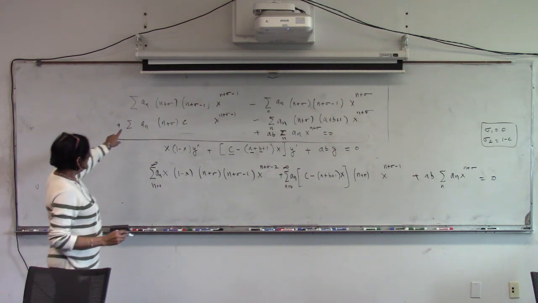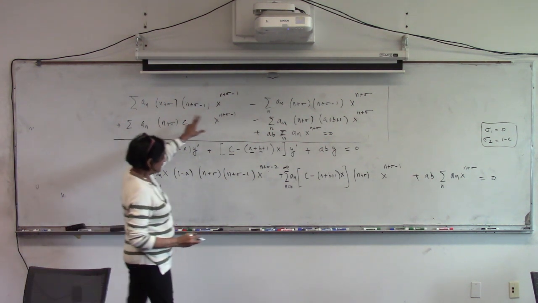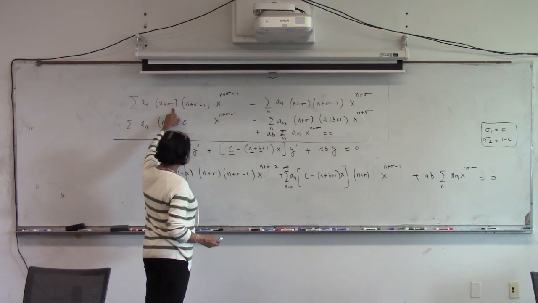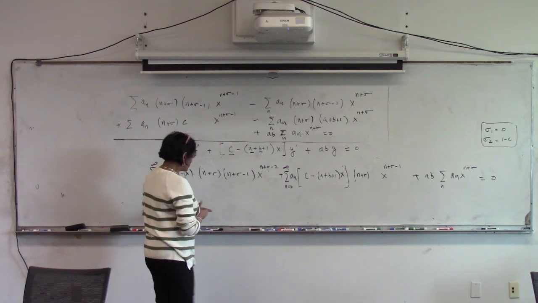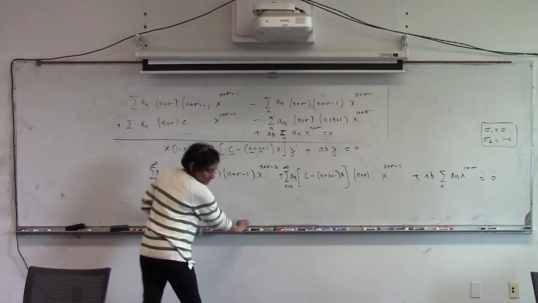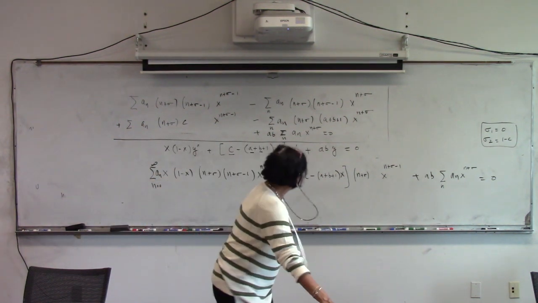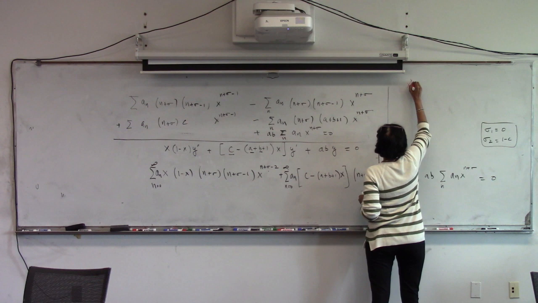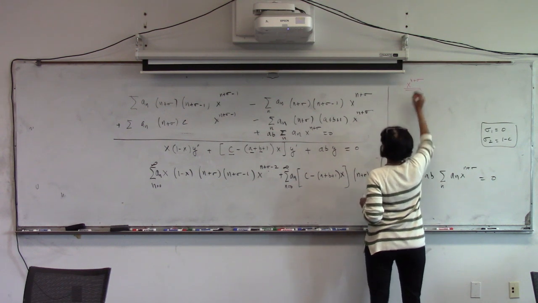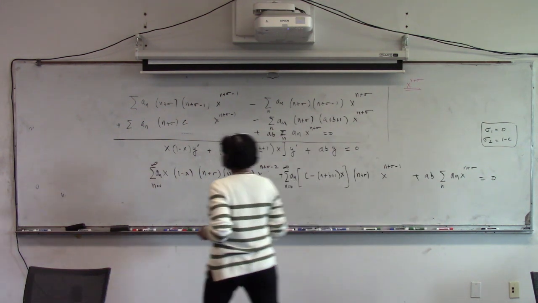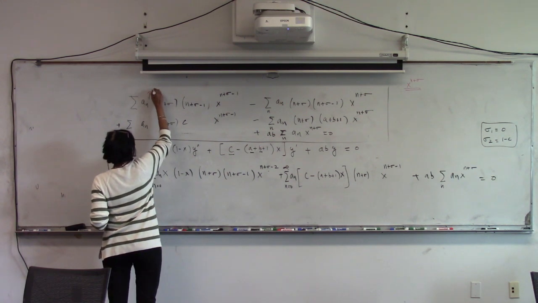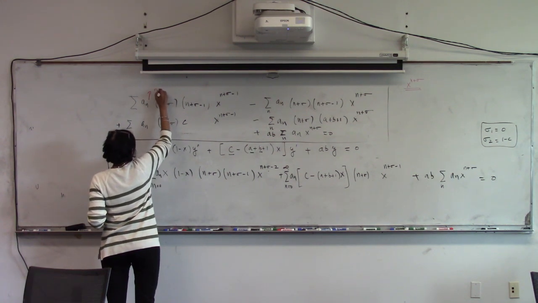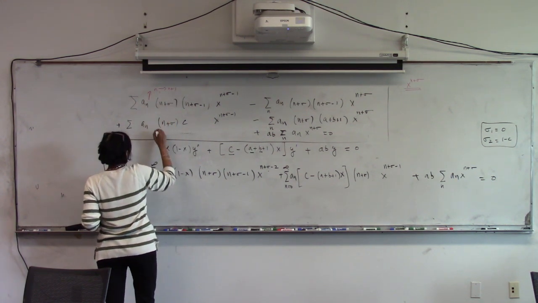So now we can compare the power of x to the power of n plus sigma everywhere. Here change n to n plus 1, that's the term I will be looking at. So compare the coefficient of x to the power of n plus sigma everywhere. n has to become n plus 1, that is the term I'm looking at.